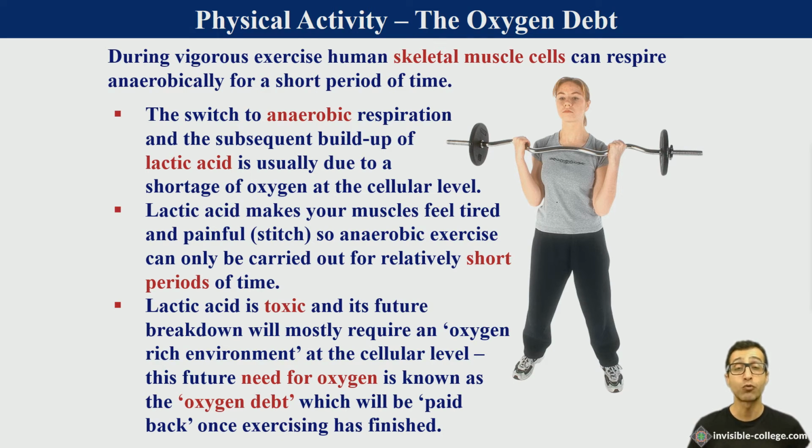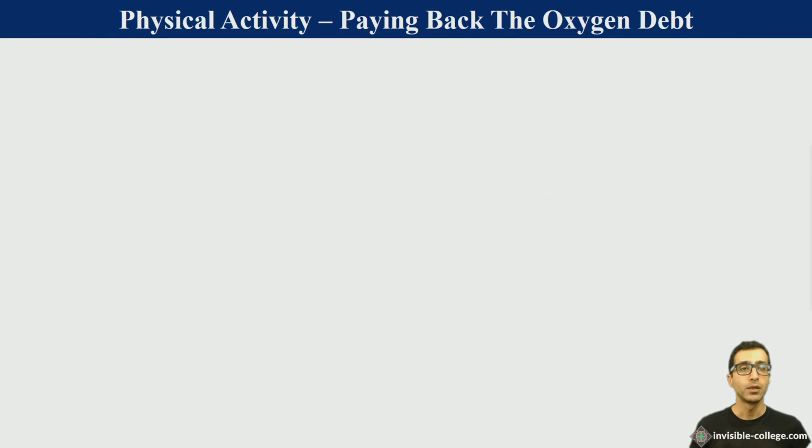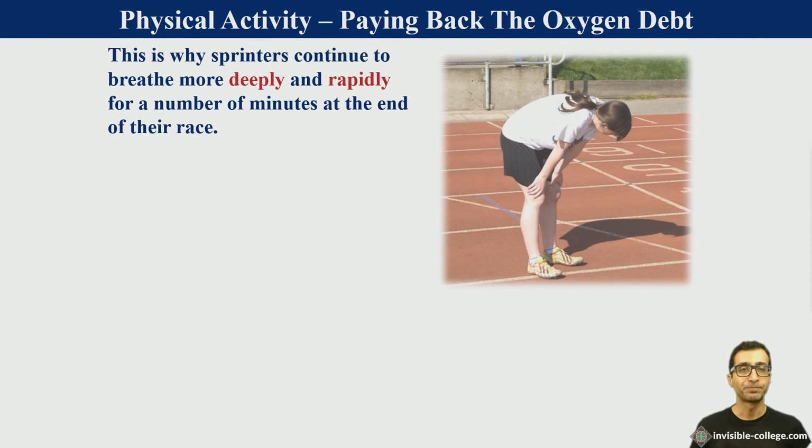What they're doing is repaying the oxygen debt by absorbing large quantities of oxygen into their bloodstream, delivering that to their muscle tissues to break down the pyruvic acid and lactate built up in those tissues, all the way down to carbon dioxide and water, and releasing ATP. So this is what you will see.